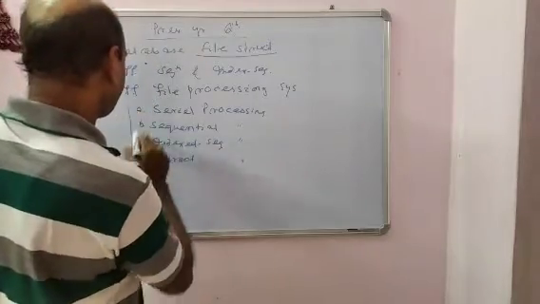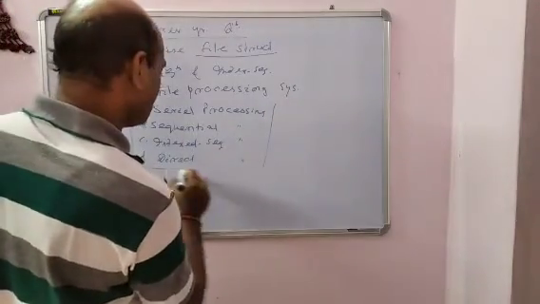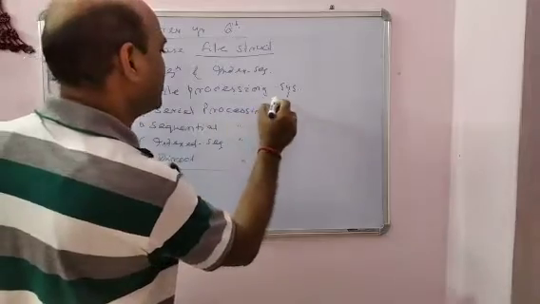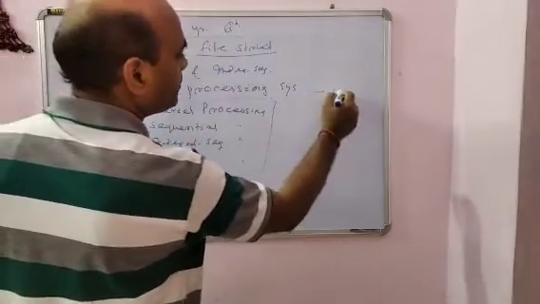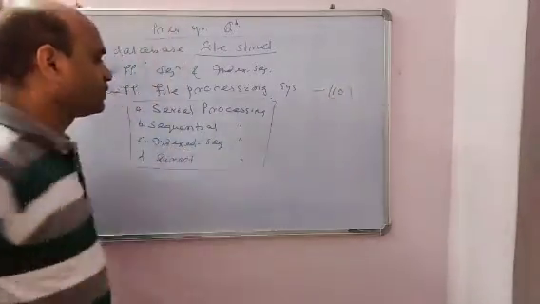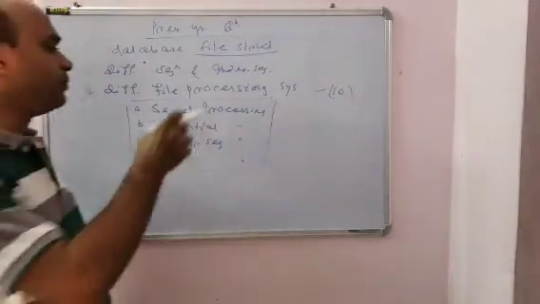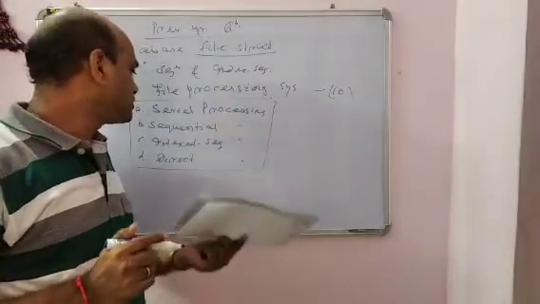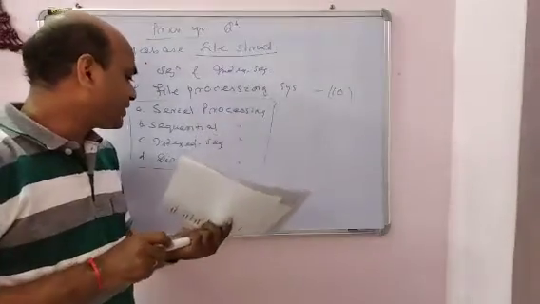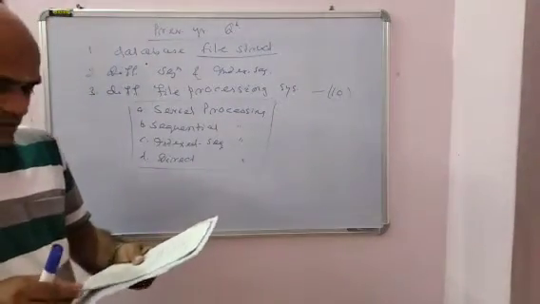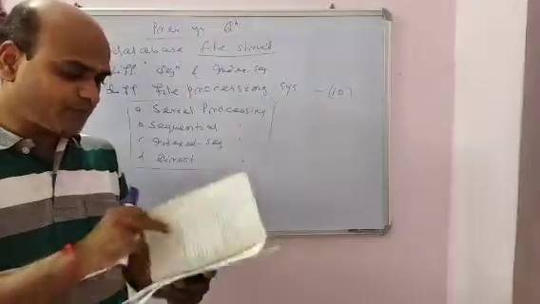So these are 4 types of processing systems. I think you can write this. This is for 10 marks. You can write very briefly. We have elaborated serial processing, sequential processing, index sequential processing, and direct processing.